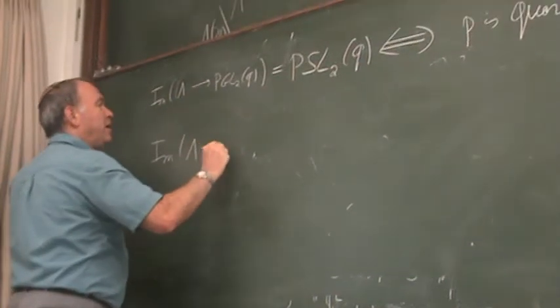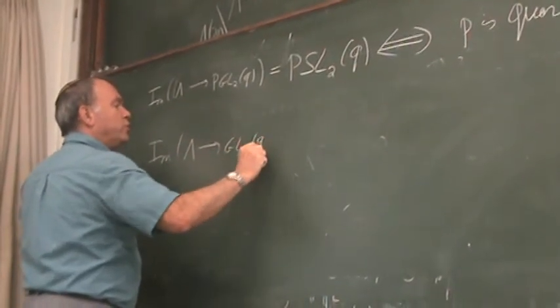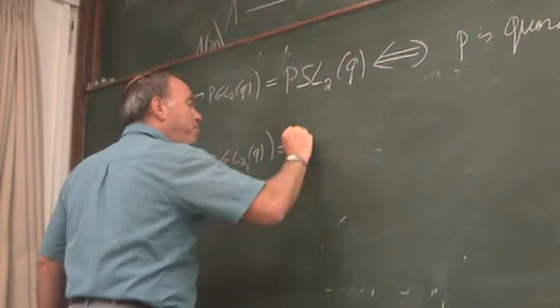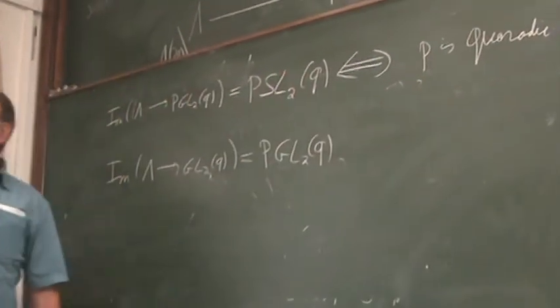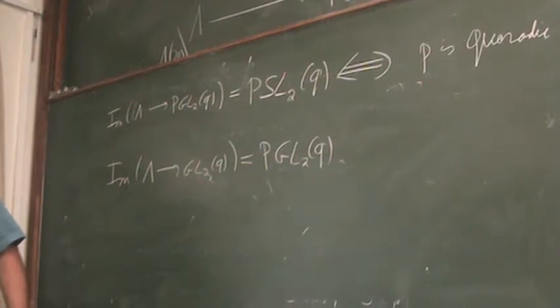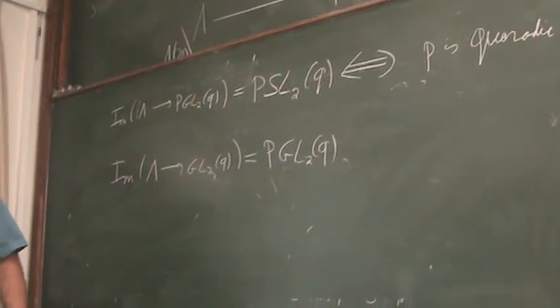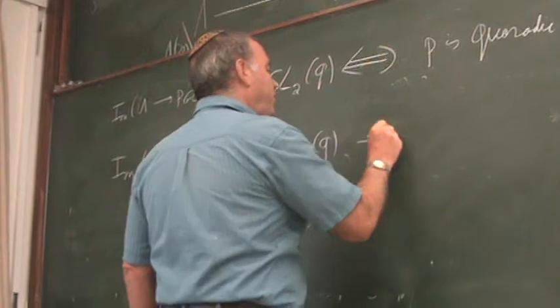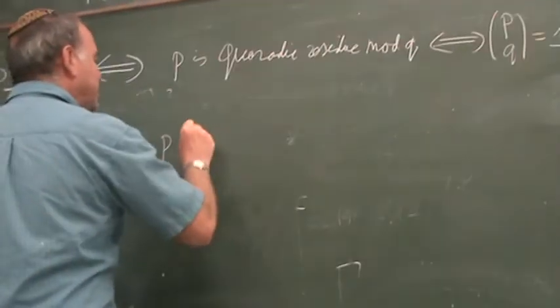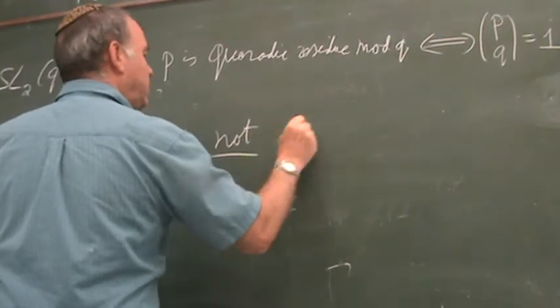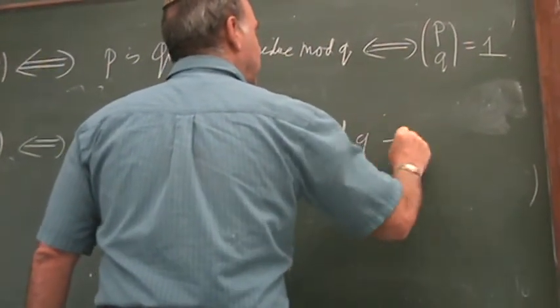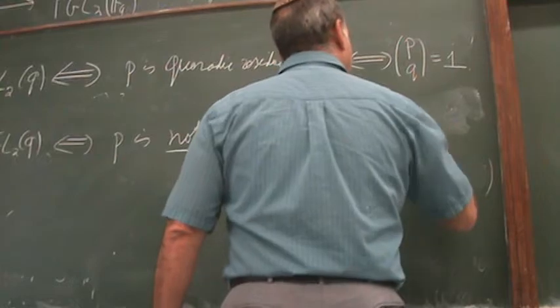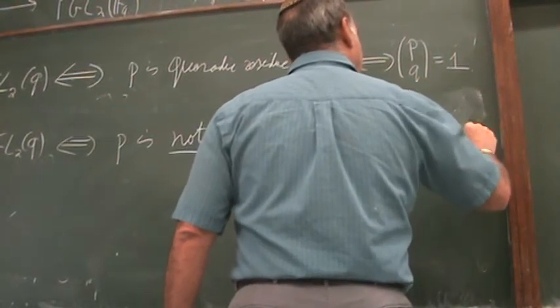And the image of lambda in PGL2Q will be PGL2Q, because we know that if it's not in PSL, then it's everything, right? If and only if P is not a quadratic residue mod Q, if and only if P over Q is equal to minus 1.